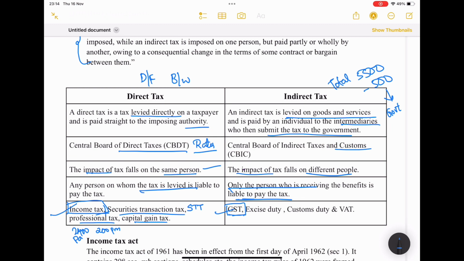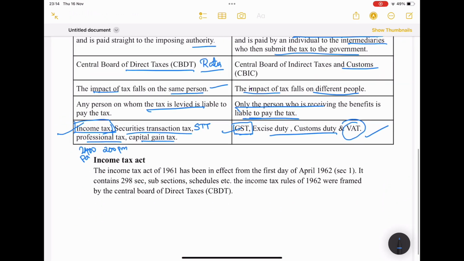So goods and service tax is such an important tax system that we changed, no? Very good concept. Next, excise and custom duty. At the time of import, we have excise and custom duty, and in some places we are using VAT. VAT means value added tax. These are the types of taxes.